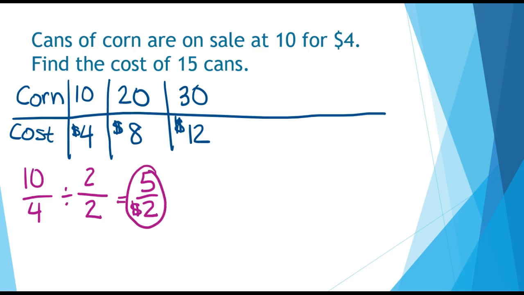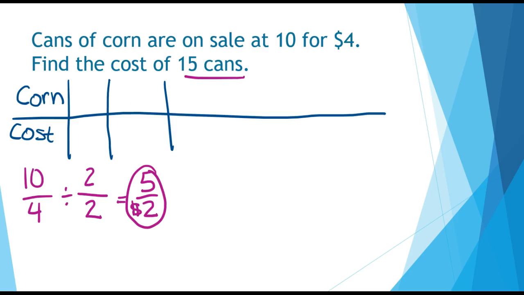If I make a table using this, could I get to 15 cans? Well, let's find out. I'm going to go back and erase a lot of this stuff that we just did. So what we're going to do instead is say 5 cans for $2, 10 cans for $4.